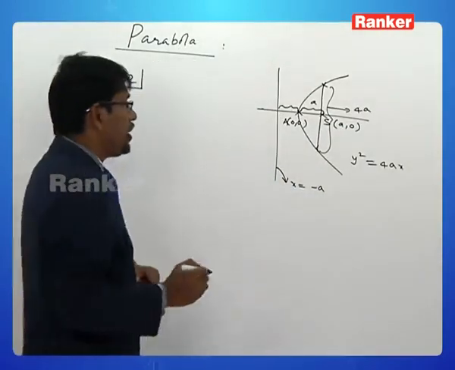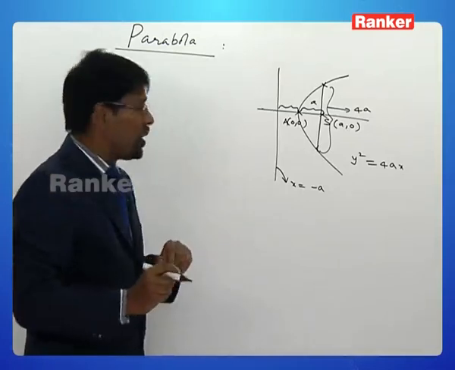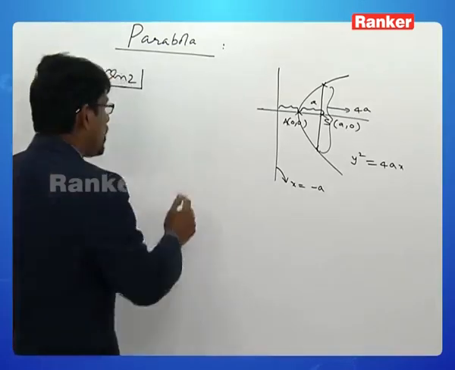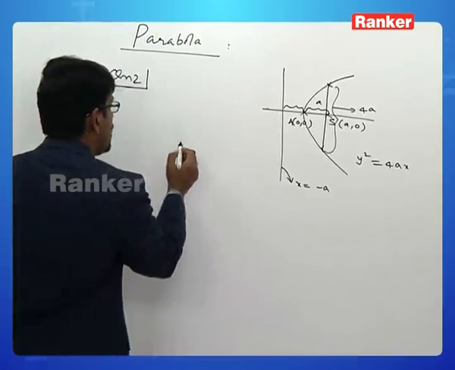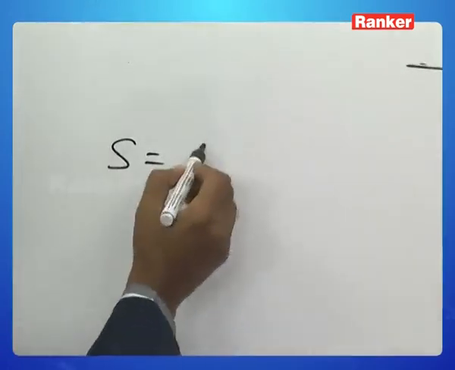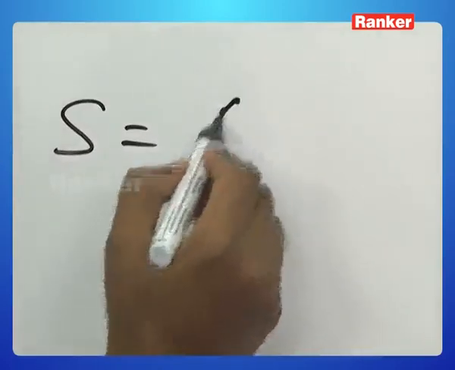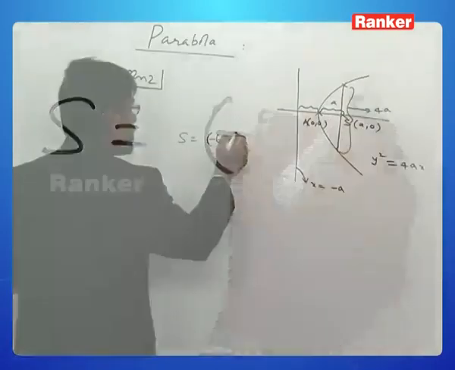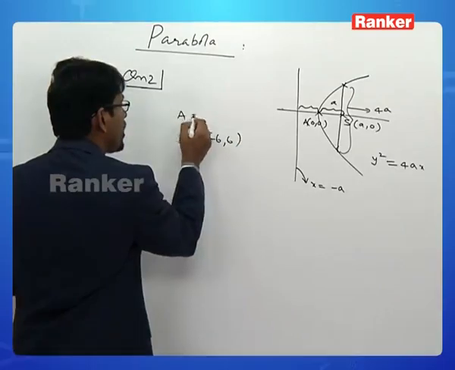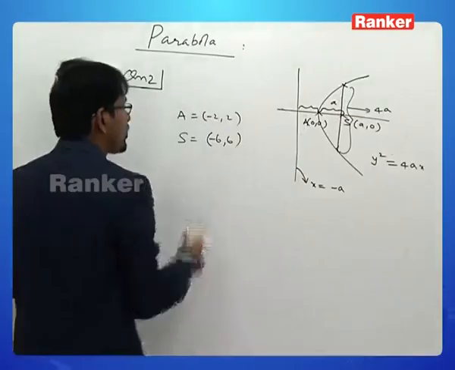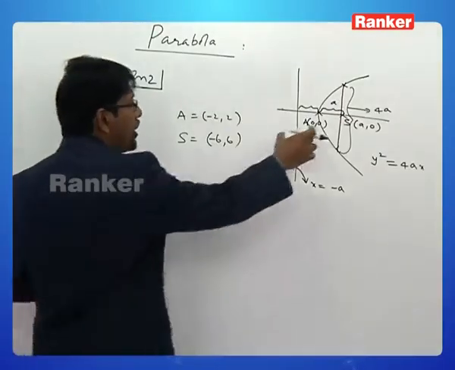Now we are given, that is for a standard parabola. In this parabola what we are given is the focus is (minus 6, 6), vertex is (minus 2, 2). So what do you observe here?